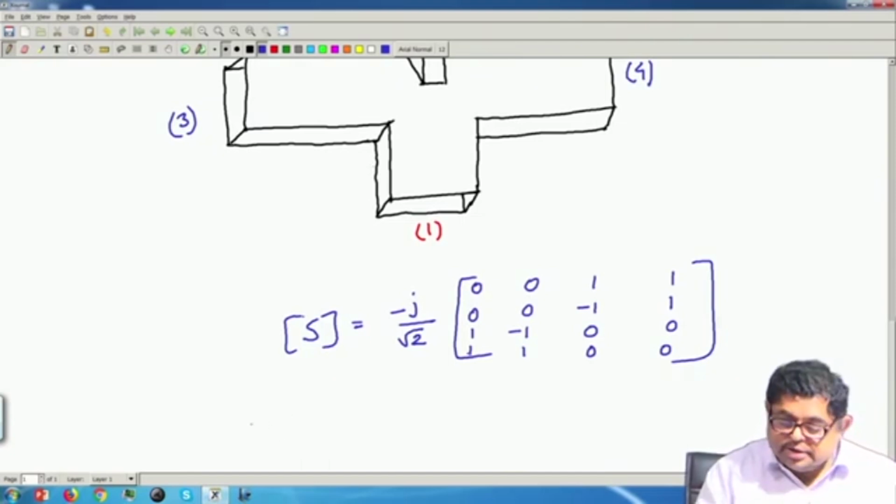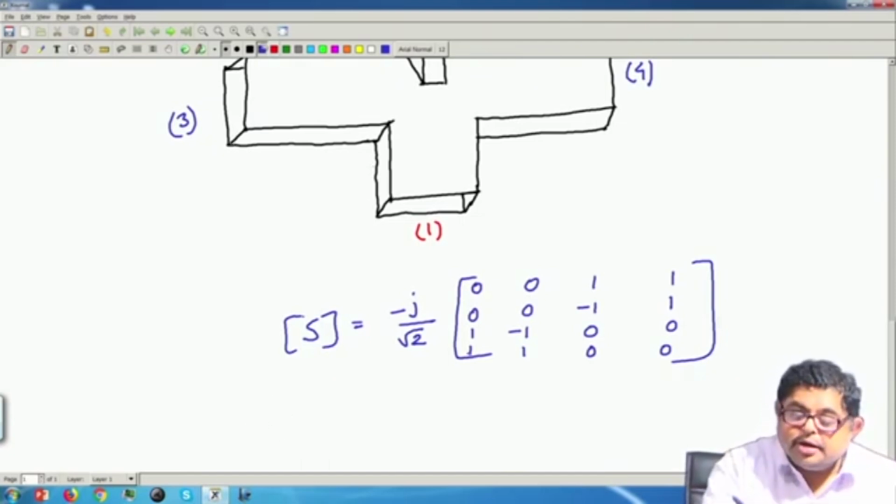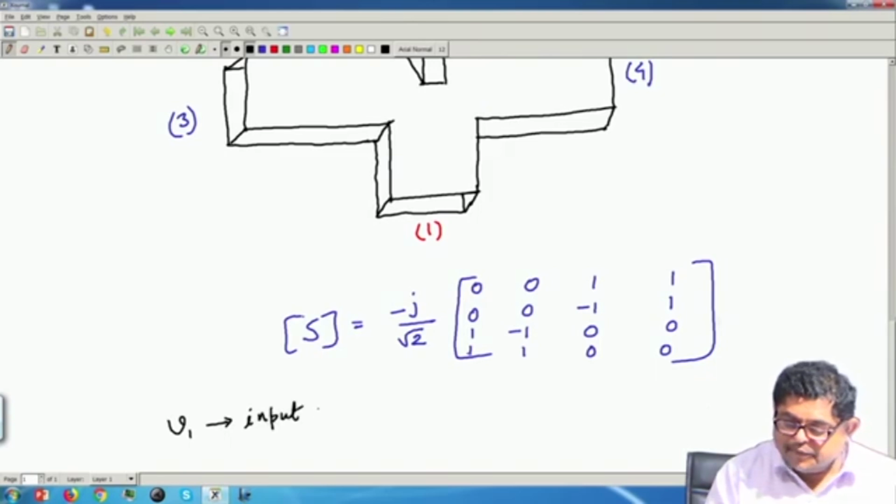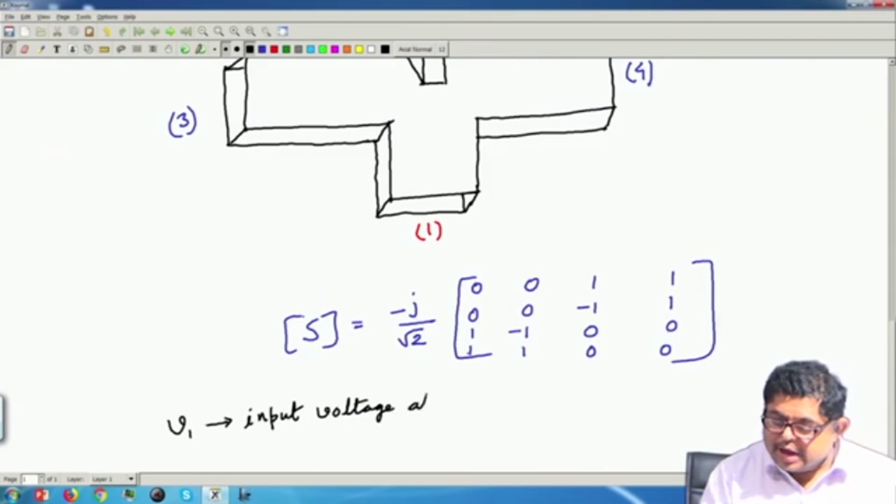So, let us say that V 1 is the input voltage at port 1.